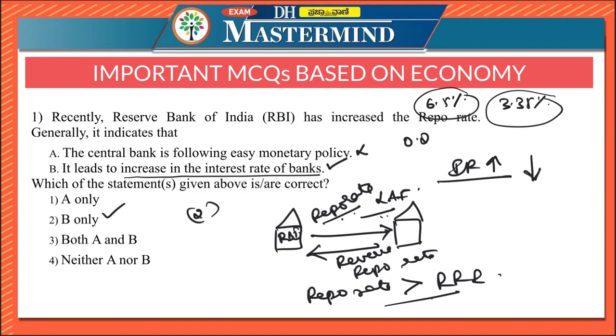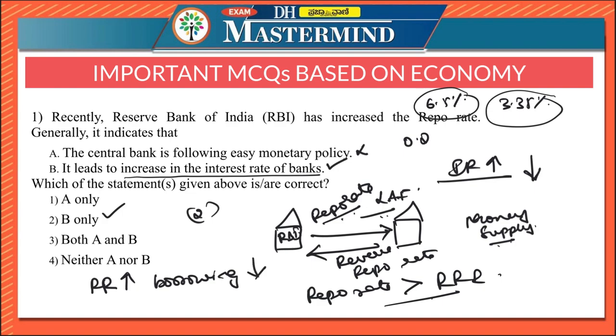What is liquidity? Liquidity means money supply. So money circulation in the market denotes liquidity. When there is reduced liquidity, as people have stopped borrowing from banks, this will in turn trigger reduction in the demand in the market. If you look at this process: when repo rate increases, borrowing decreases.